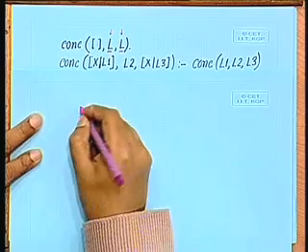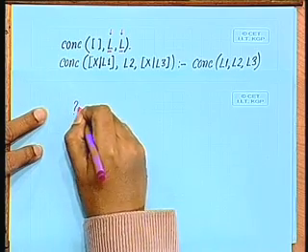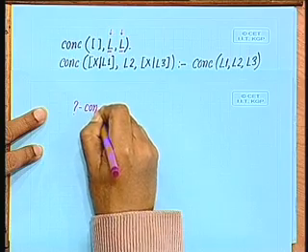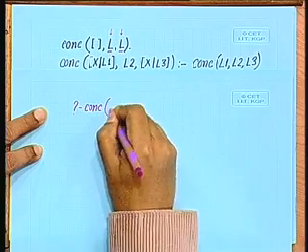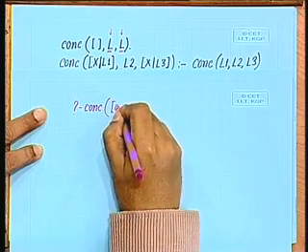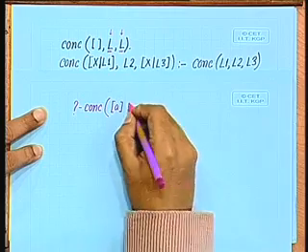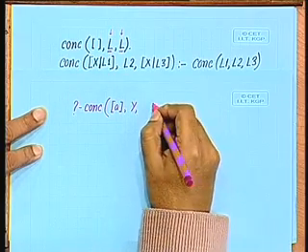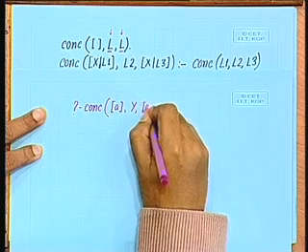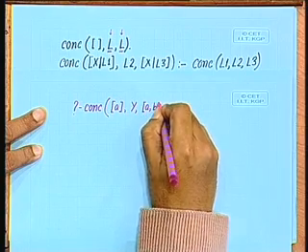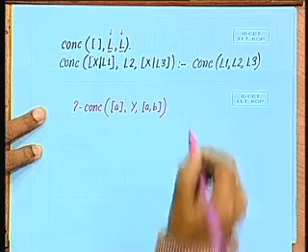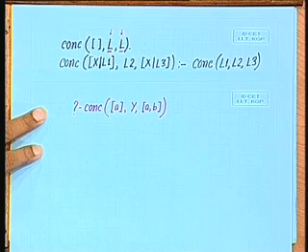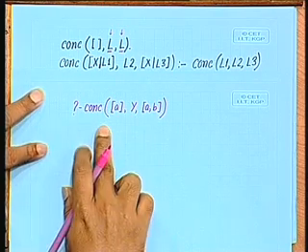Just to round it up, let us look at one more case where we have a free variable. So, suppose we say that what is going to happen if we have conc of A, right, with Y, and we have AB. Let us see what is going to happen.